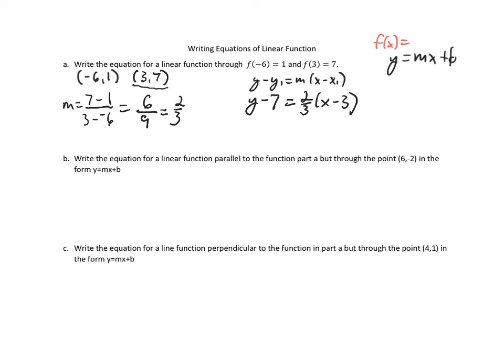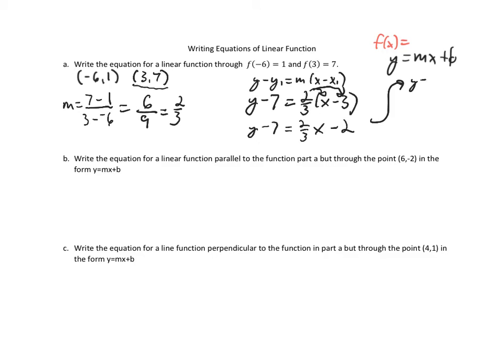Now we want to convert this to slope-intercept form. So the first thing I would do is distribute in this 2/3. y minus 7 equals 2/3 x. And then 2/3 times 3 would be the same thing as 6 divided by 3, which is negative 2.